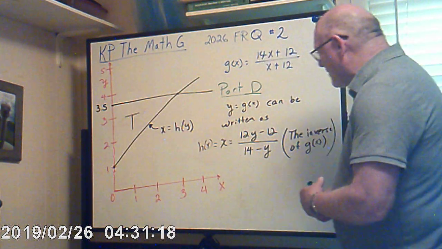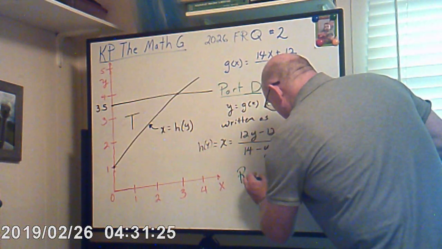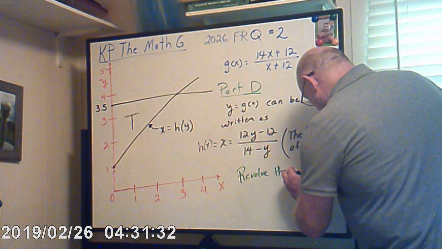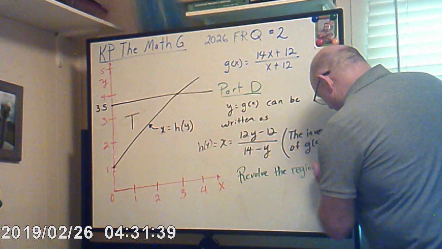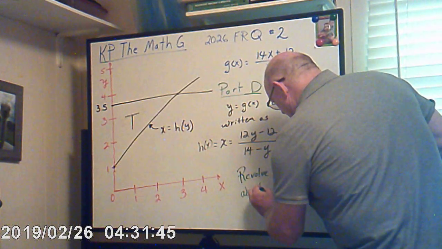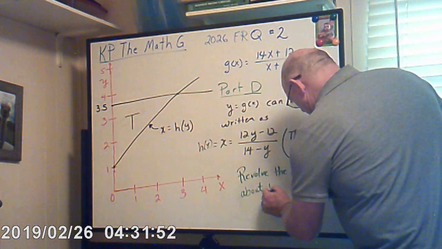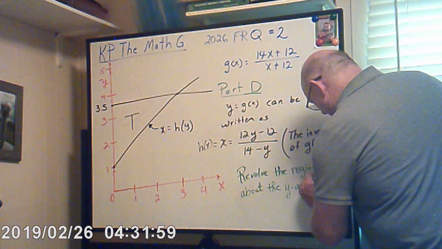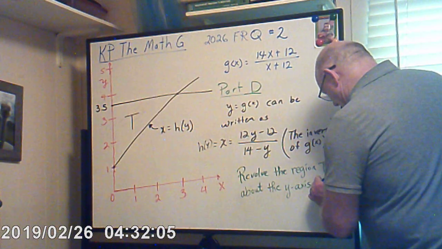We're trying to revolve the area or the region, label it as T, about the y-axis, and in this case we're saying x equals 0.